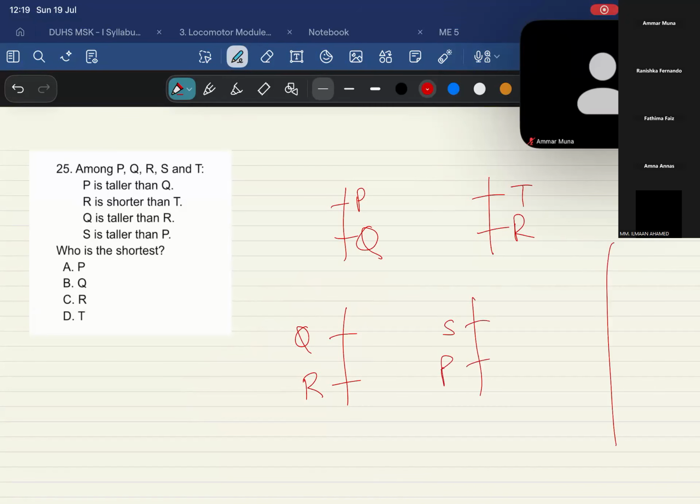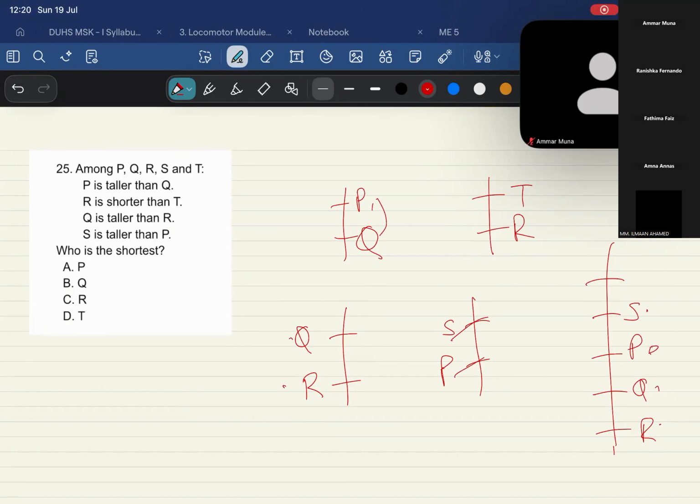So we can take this all into one line. We have 5 people. We know S is taller than P, that's why we put it here. And R is shorter than Q. And P is taller than Q, so that's why we have P here.